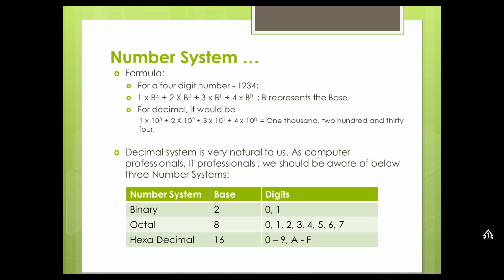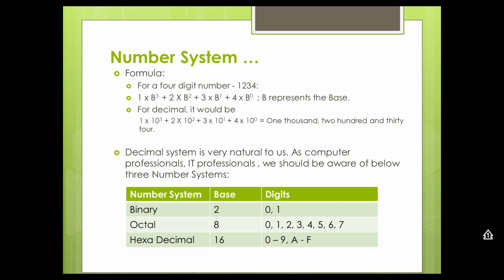We take each digit multiplied by the base of the number system, B, to the power starting from 0 and going higher towards the left: 4 is multiplied by base to the power of 0, 3 by base to the power of 1, 2 by base to the power of 2.